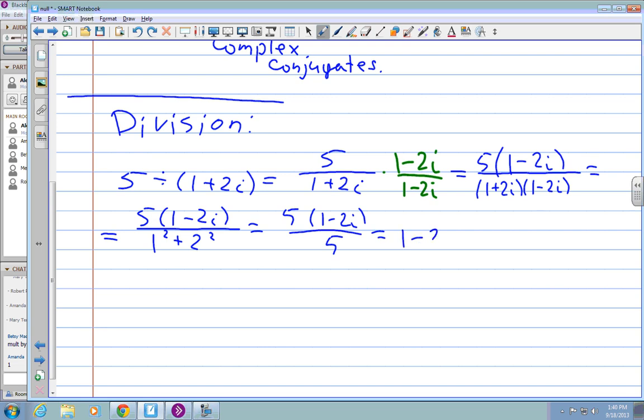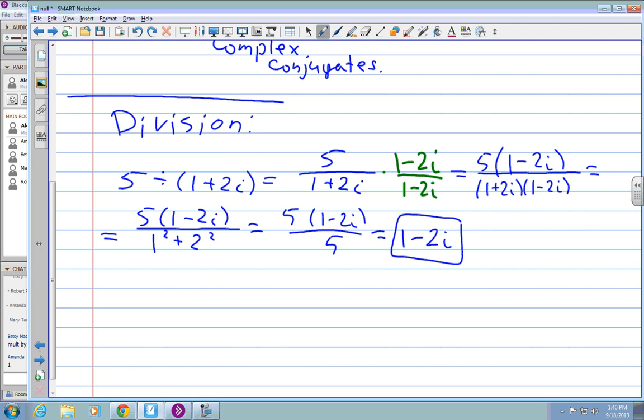The 5s cancel. So here we go: 5 divided by 1 plus 2i equals 1 minus 2i. That's kind of freaky, but that just happened, right? We multiplied by 1, so nothing changed, but this is a much friendlier situation. We can clearly see the real part, which is 1, and the imaginary part, which is negative 2.